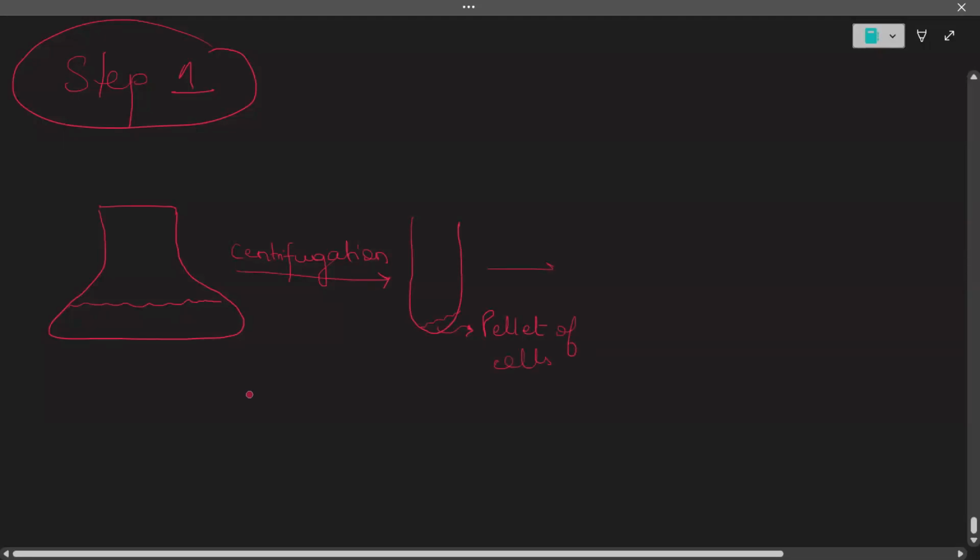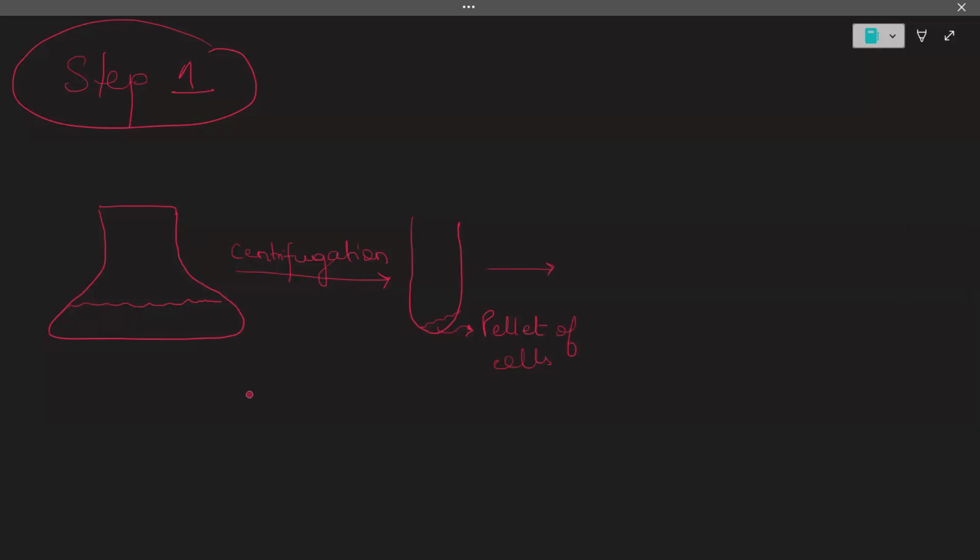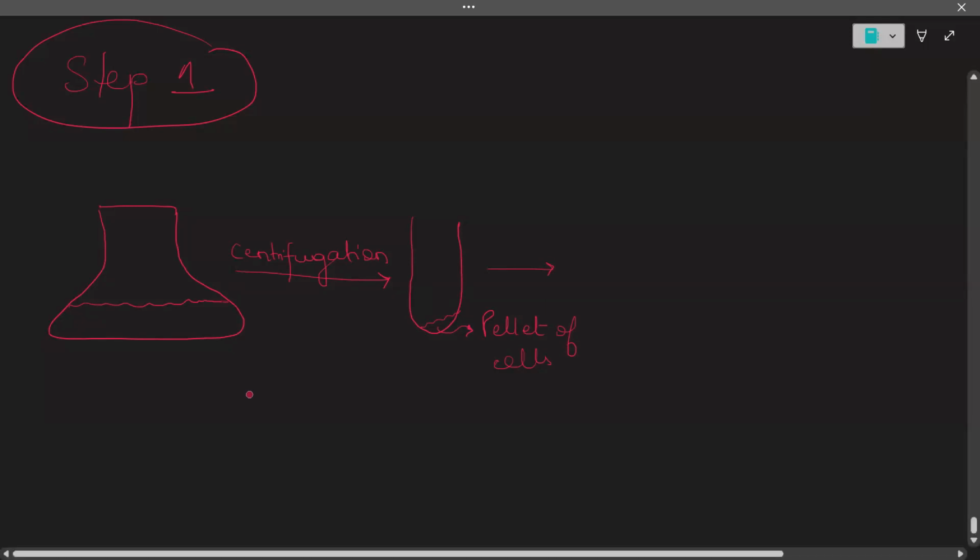Then what is centrifugation? It is a process wherein, just like churning, you put the thing under constant rotation. And then the pellet of cells, when you take that, you'll do the cell extract.